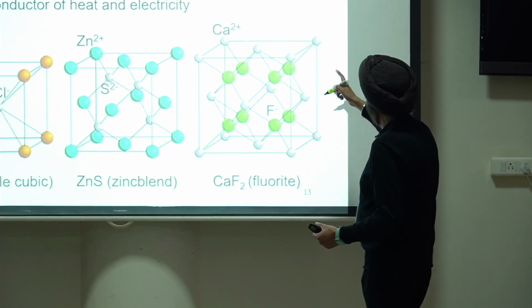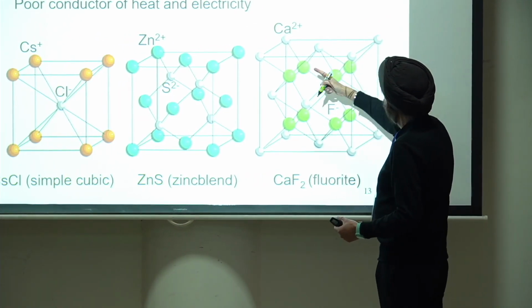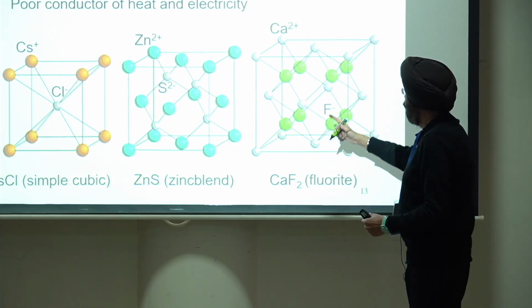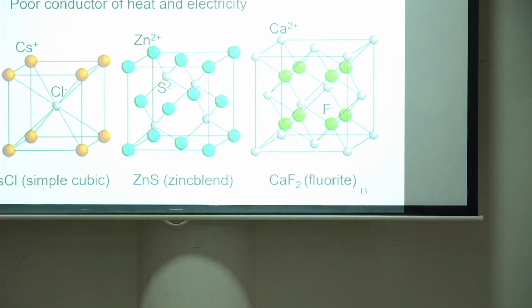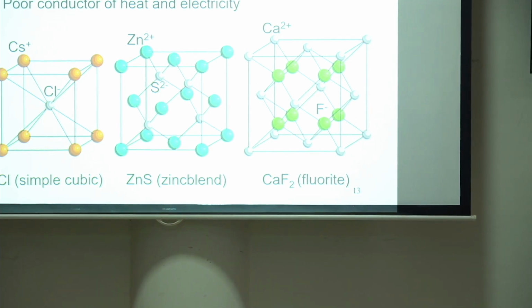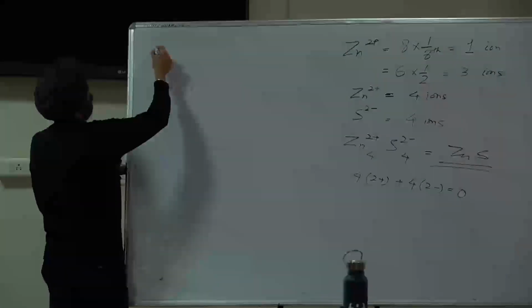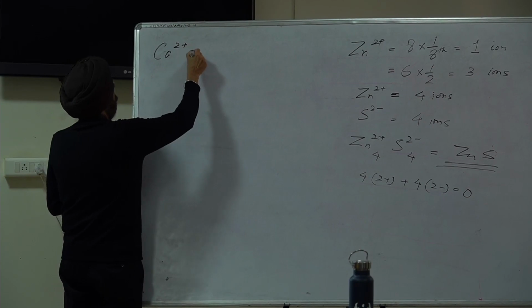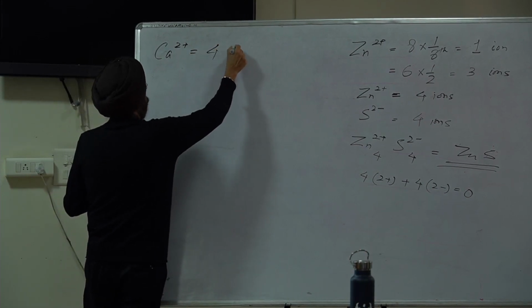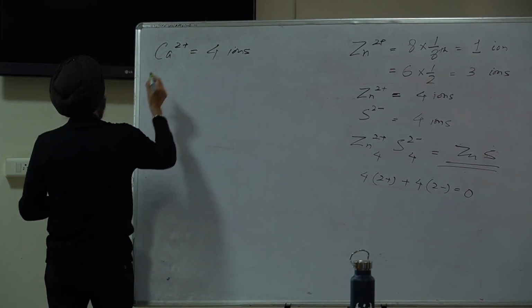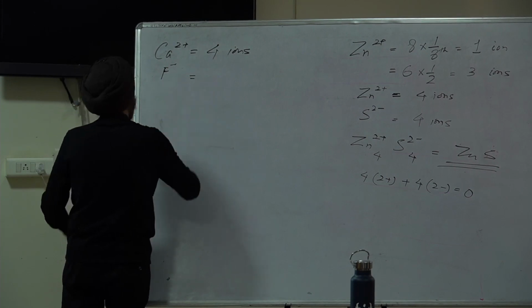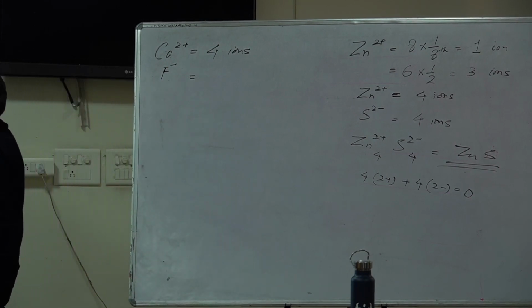So at the 8 vertices and 6 face positions, contributing 3 atoms plus 1, I do need calcium 4 ions. Okay. Now, fluoride, how many ions? 8.